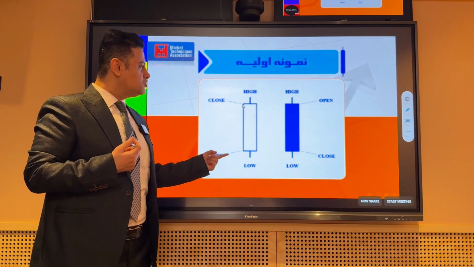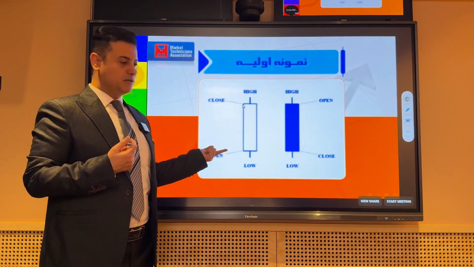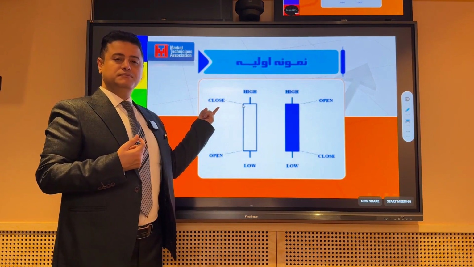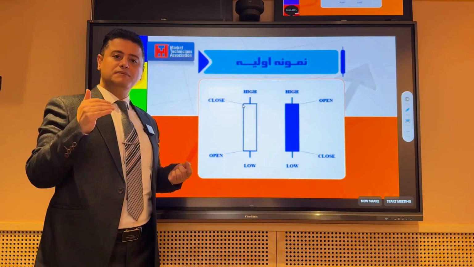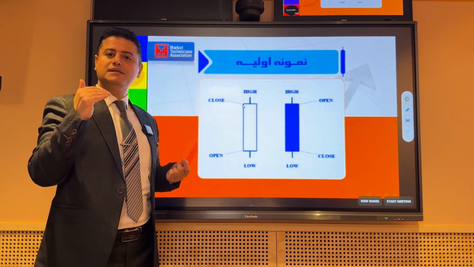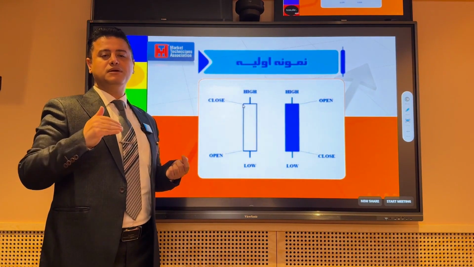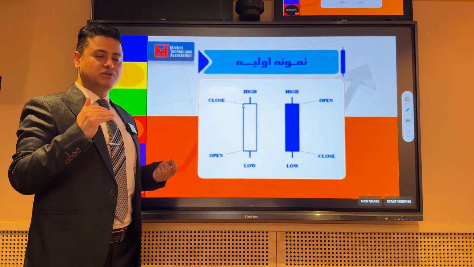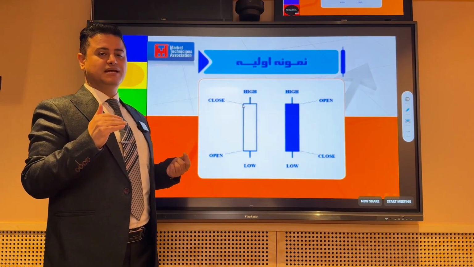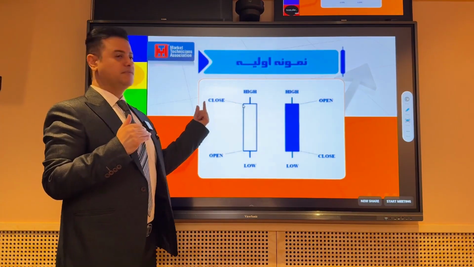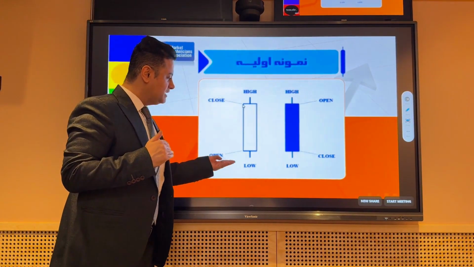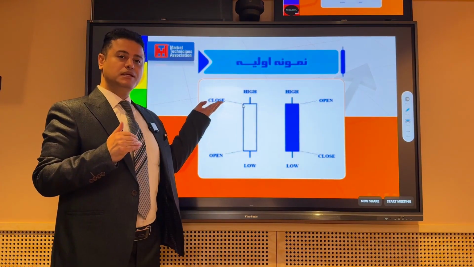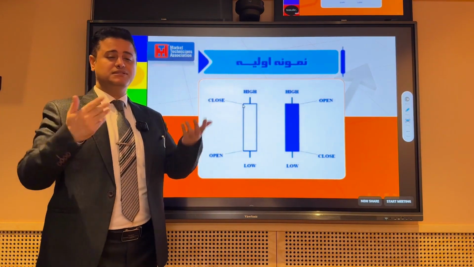In the market, these four prices are very important to us. What is the close price? The stock is closing at 12:30 in the afternoon and at 12:29, and for example 57 seconds its last trade occurs and it closes at 12:30. The trade that occurs at that time is considered the close price or the closing price of the stock. But from 9 in the morning until 12:30 in the afternoon, we see very different prices for the stock.